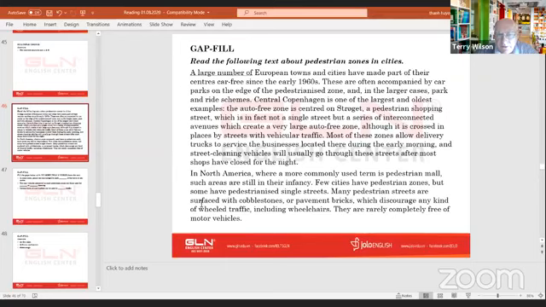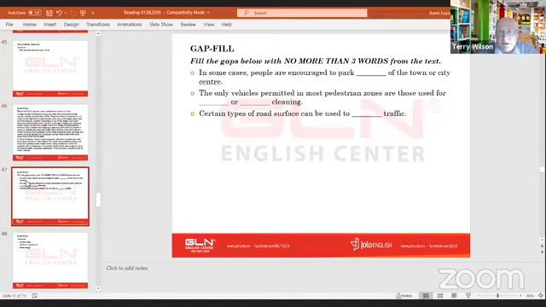So here we have surfaced with cobblestones and pavement bricks. Which discourage any kind of wheeled traffic. So if we go back to certain types of road surface can be used, so it could be discouraged.